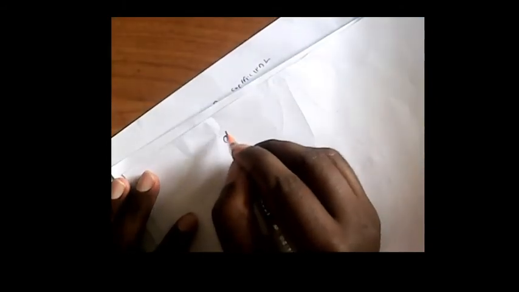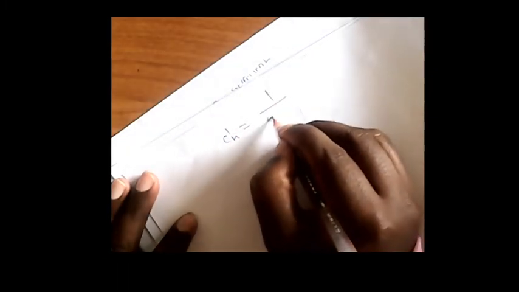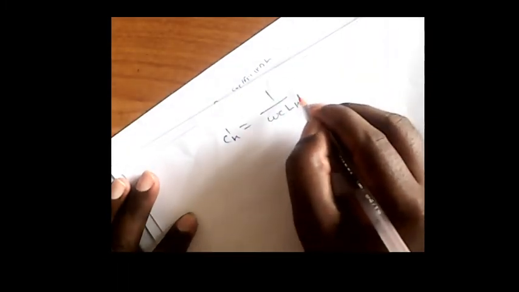The new component values are Ck dash equal to 1 upon omega c into Lk. This is equation number 12. And Lk dash is 1 upon omega c into Ck. This is equation number 13.